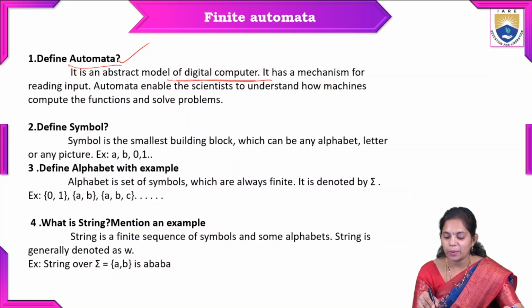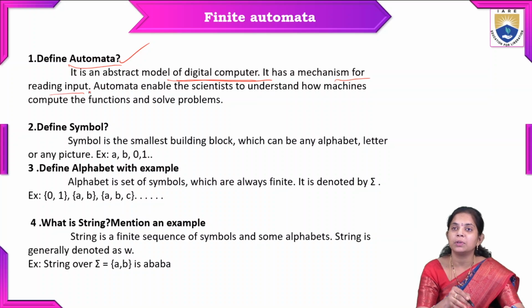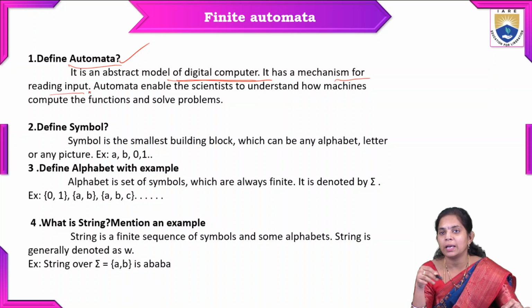It has a mechanism for reading input. Previously, in the last videos, we discussed the construction of DFAs, NFAs and pushdown automata. Those are all abstract models, named abstract models of digital computers.